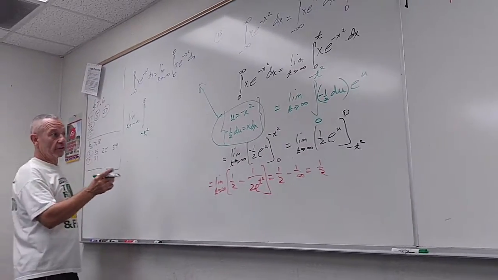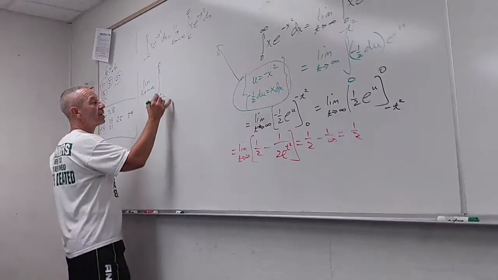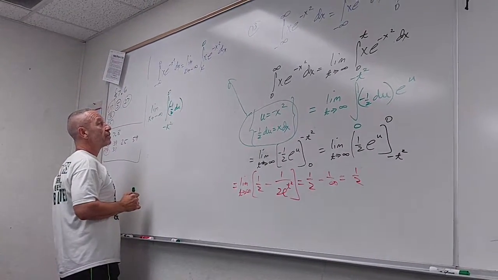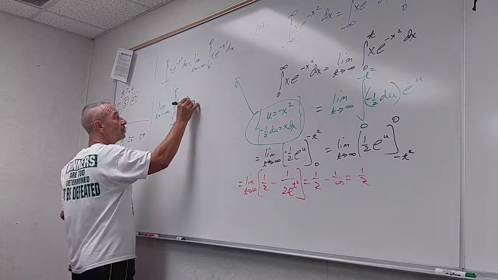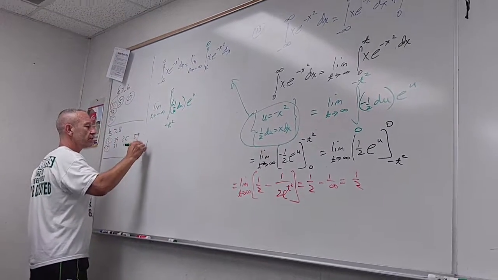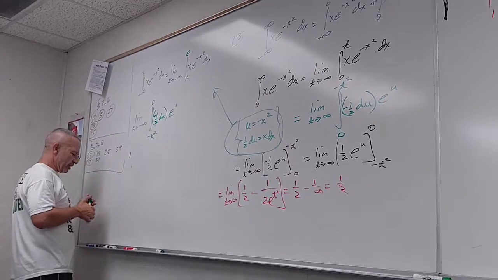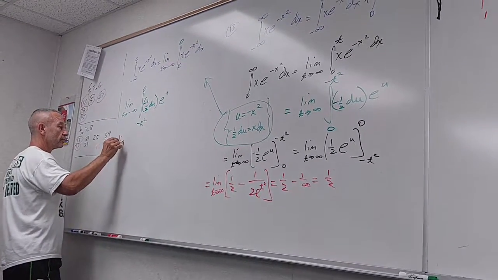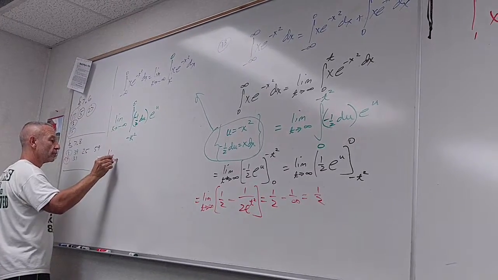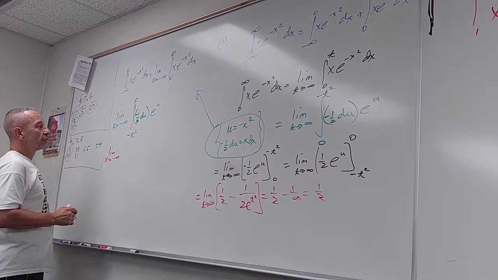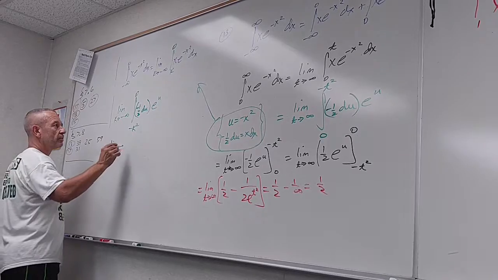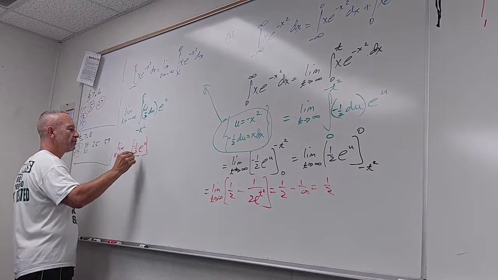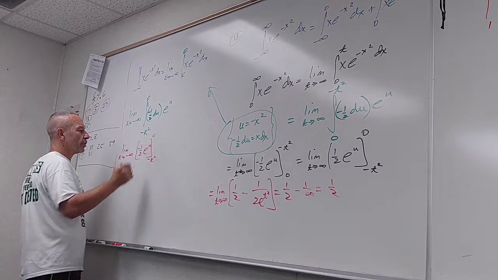So the x dx is minus 1/2 du, and the e to the minus x squared is e to the u. So limit as k goes to negative infinity, that's minus 1/2 e to the u, evaluated from minus k squared to 0.